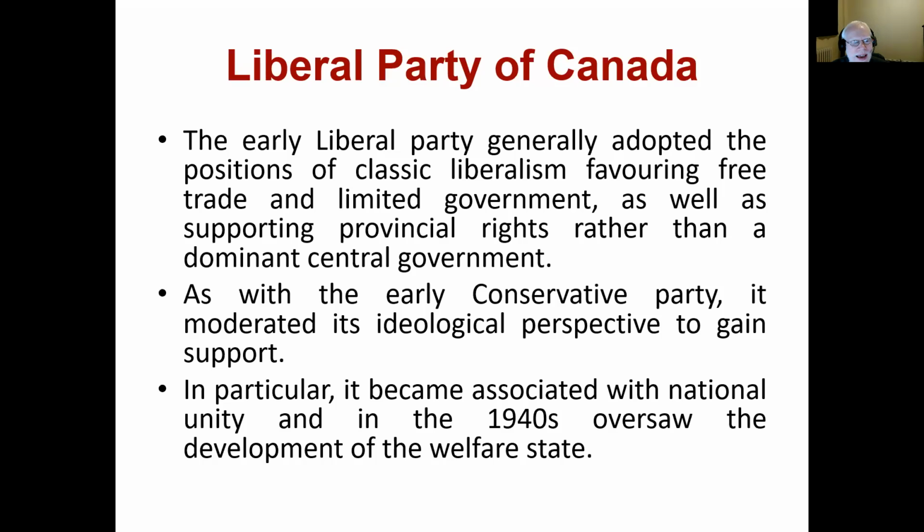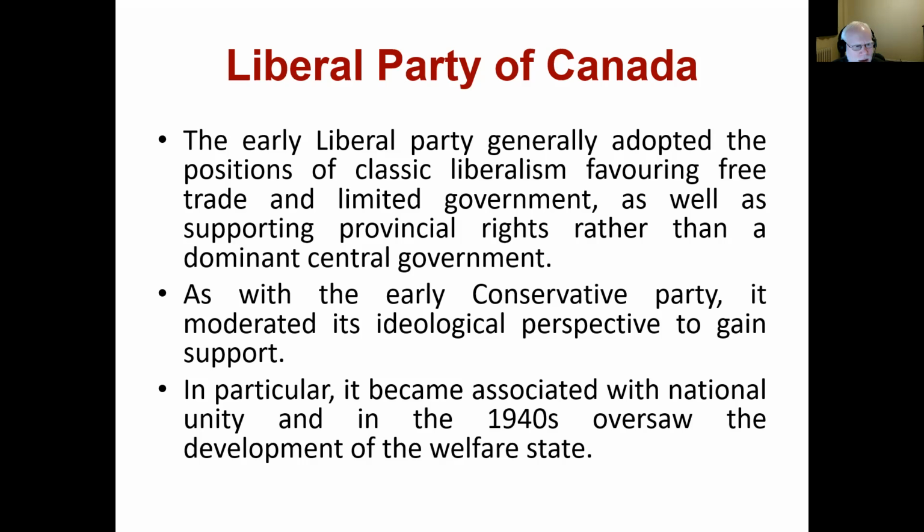So we'll look quickly at the major political parties in Canada. What's interesting with the two oldest, the Liberals and the Conservatives, is that over time there's been a profound change in their policy orientations. The Liberal Party in its early years overlapped with what we talked about as a liberal ideological perspective.